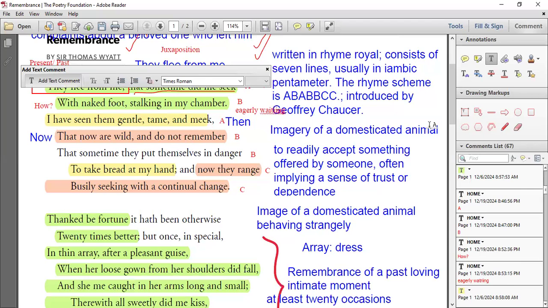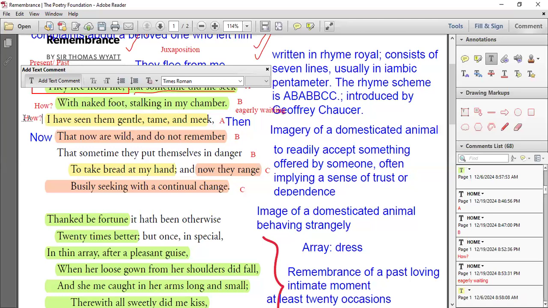And how were they in the past? He is speaking about the past. They were very gentle. They were very tame. They were very meek.